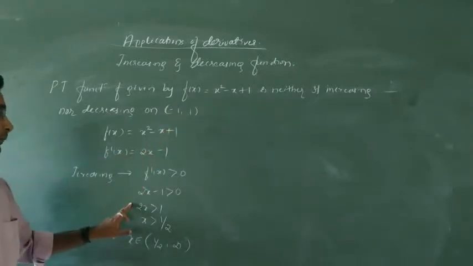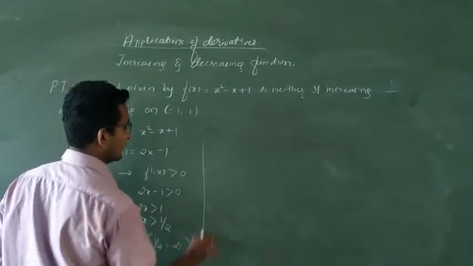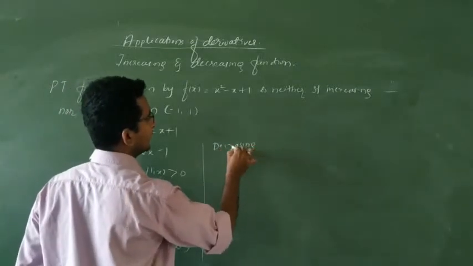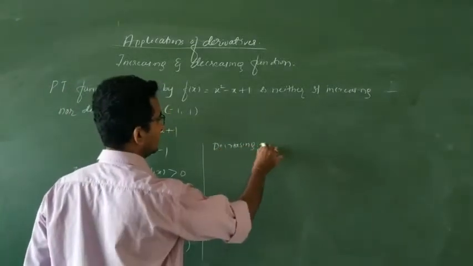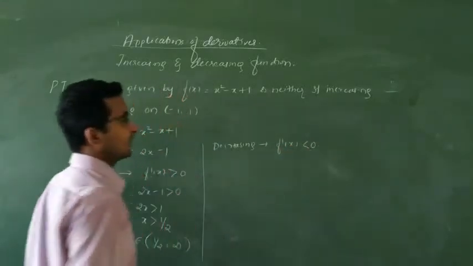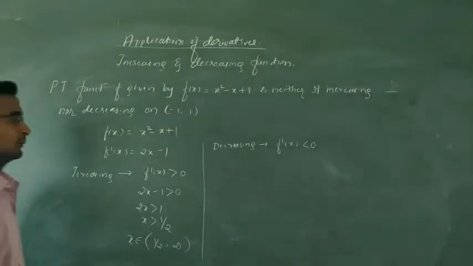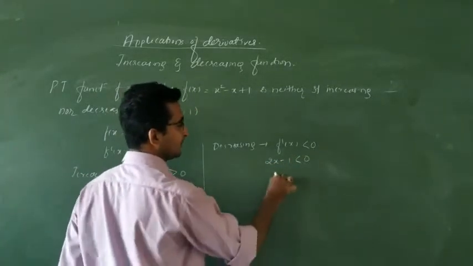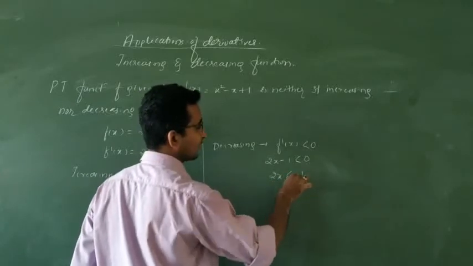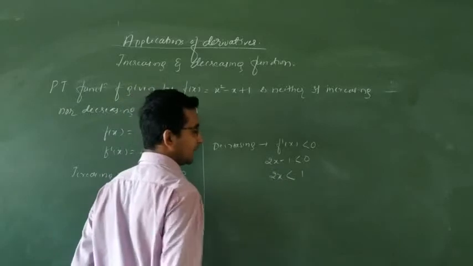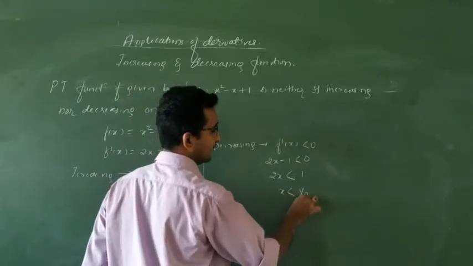So we have proved it for the increasing. Next it's about the decreasing. What is the condition? f dash of x should be lesser than 0. Again, f dash of x is 2x minus 1, which is lesser than 0. Then 2x is lesser than 1. Take the minus 1 to the RHS. Then x is lesser than 1 by 2.